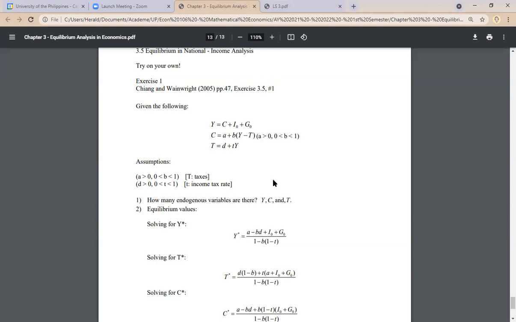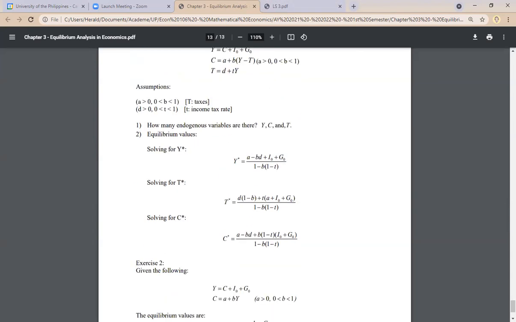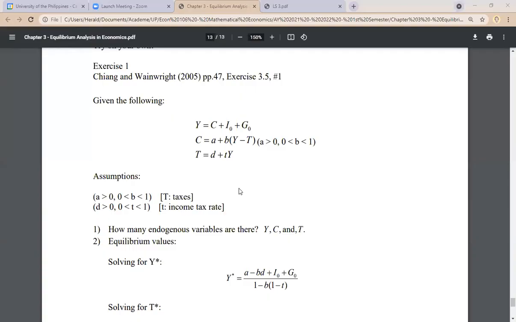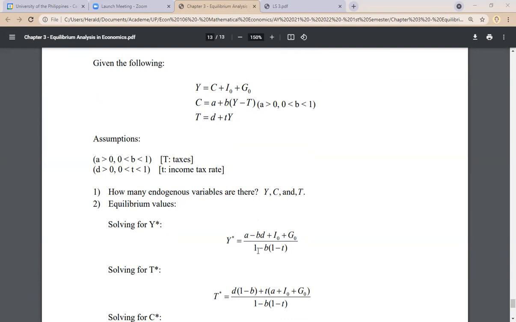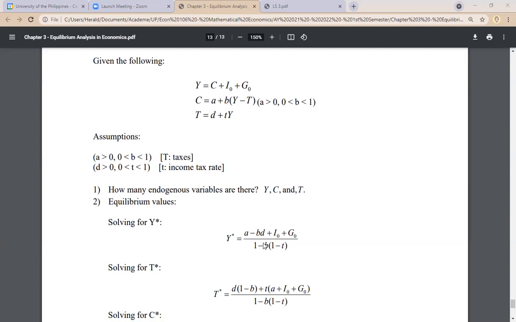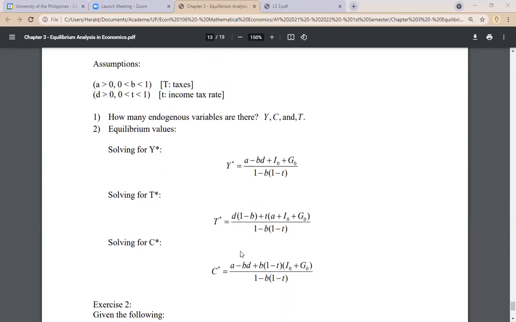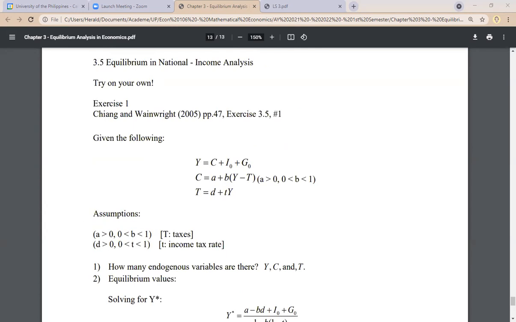For this part of the discussion, we are trying to explain how we arrive at Y star. And for your exercise later on, you can just do T star and C star on your own.